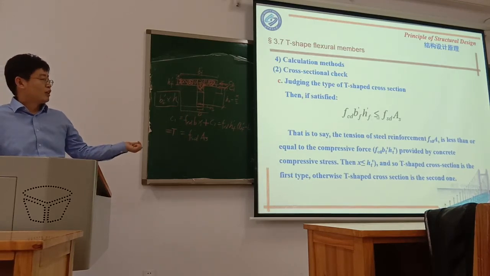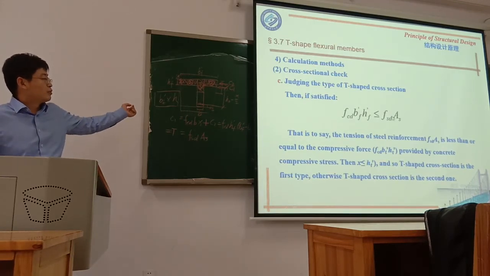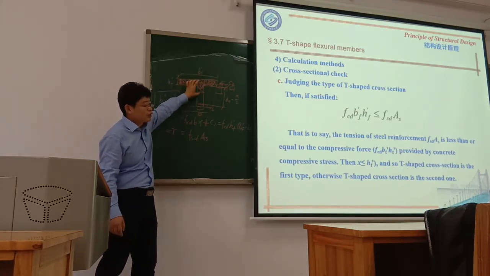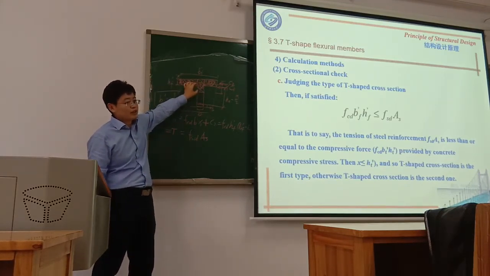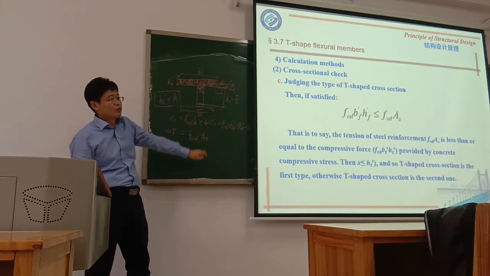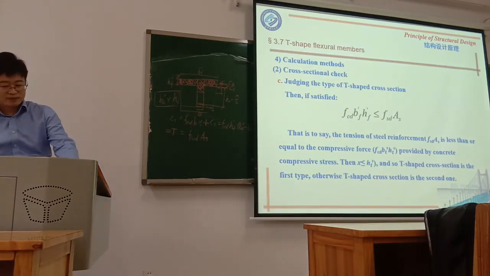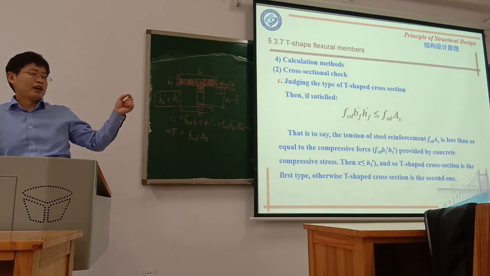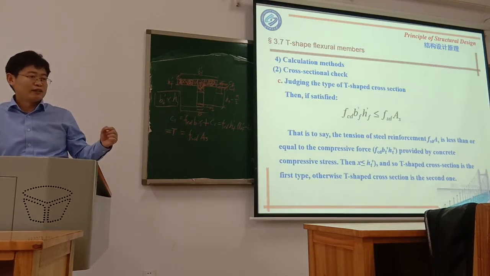If it's smaller than the tensor force, that means only the flange compression is not enough. Part of the web also is in compression, that belongs to type 2. So that's two different methods to determine whether it's type 2 or type 1.